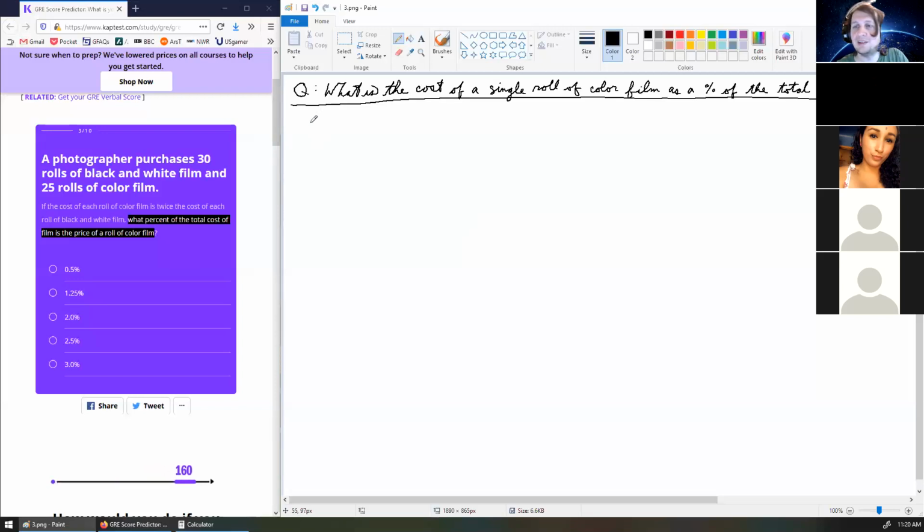Okay. I would put black and white roll equals 30R, and then color film 25R. I don't know if that's even a way to start it. And then each roll equals 2 times the cost of a black and white roll.